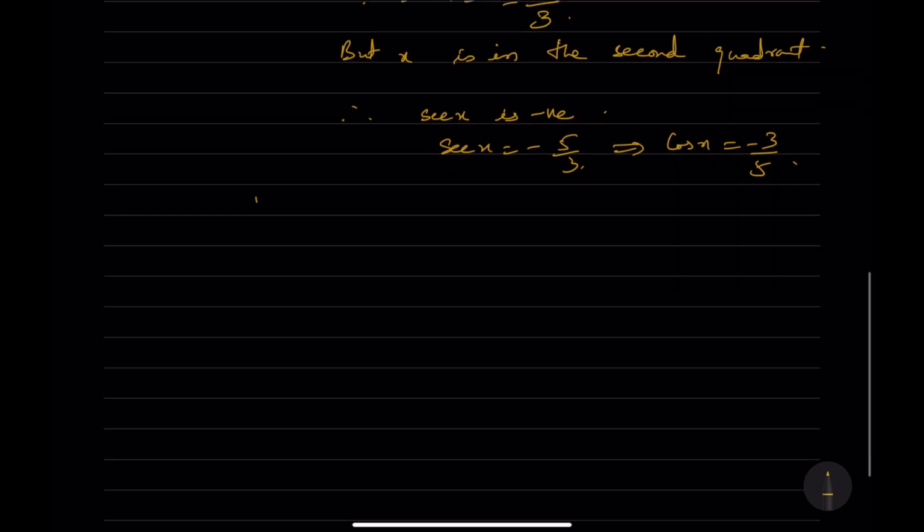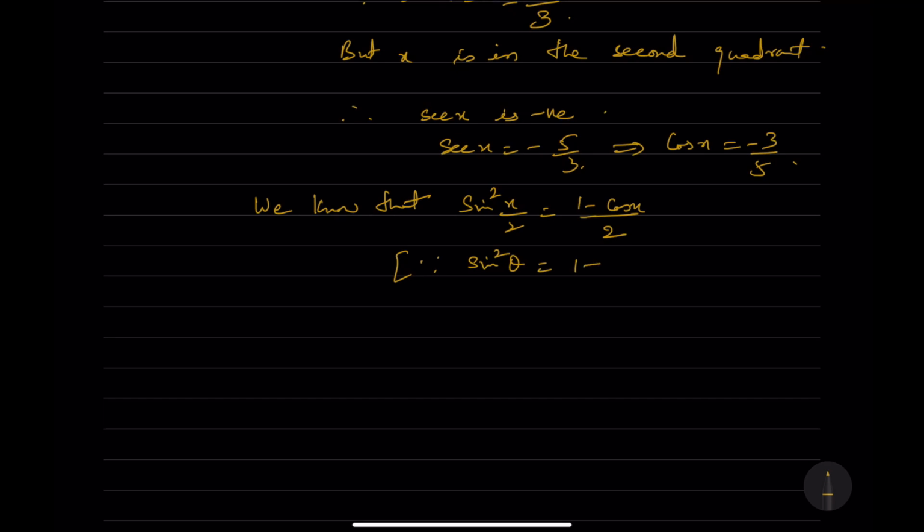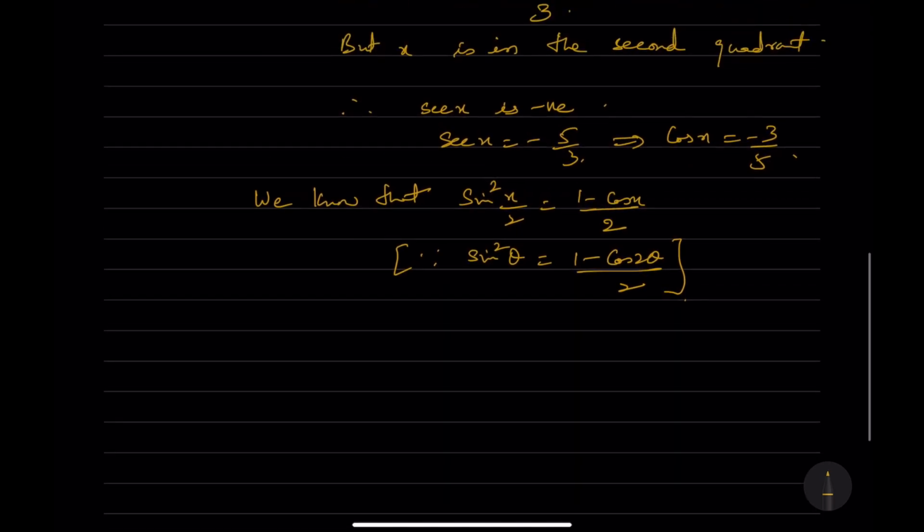So we also know that sine square x by 2 is equal to 1 minus cos x by 2, since sine square theta is equal to 1 minus cos 2 theta by 2. So we can write sine square x by 2 is equal to 1 minus cos x by 2.